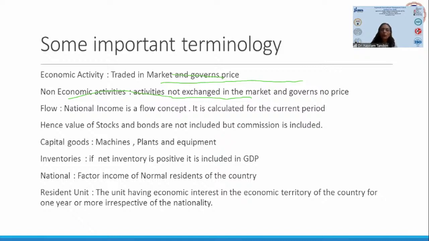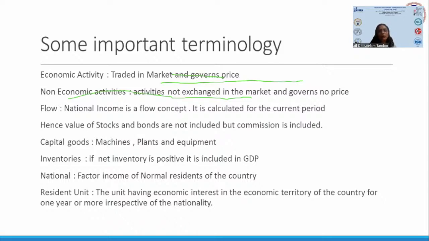Flow concept, flow and stock. What is flow? National income is a flow because you do not calculate it at a point; it's a sum you get over a period of time. That's a flow concept. Stock is at a point of time. If you say the salary I got today is 70,000, 60,000, 40,000, or 50,000, that is at a point of time.